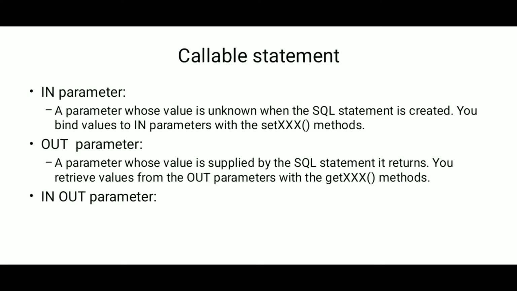So what is an in parameter and an out parameter? An in parameter is a parameter whose value is unknown when the SQL statement is created. You bind values to in parameters with the set method. It means that you give parameters to the functions or stored procedures.